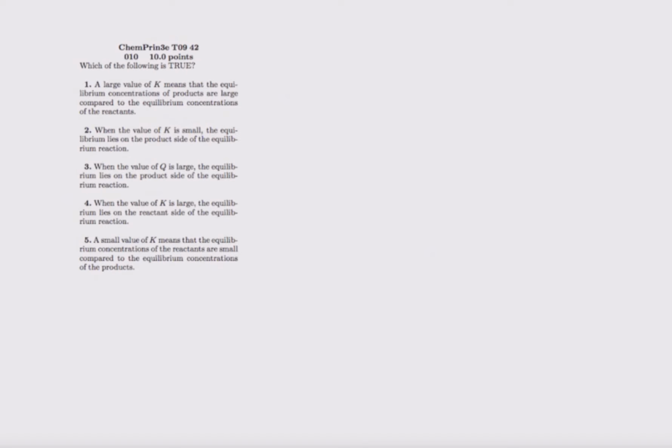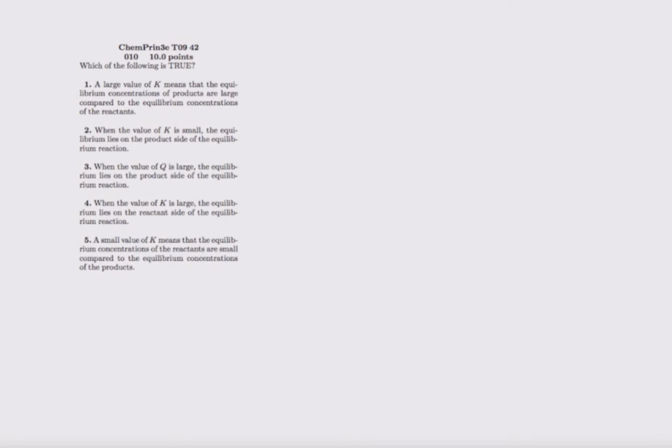Which of the following is true? The one that is true is that when K, the equilibrium constant, is large, usually meaning greater than 1, then the products are favored at equilibrium.